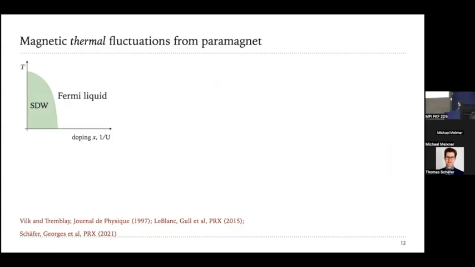Okay, so actually one can understand the magnetic pseudogap from thermal fluctuations in a very simple picture. The intuition is that at finite temperature, the electron wave packet, namely the de Broglie wavelength, is v_F times the inverse temperature.